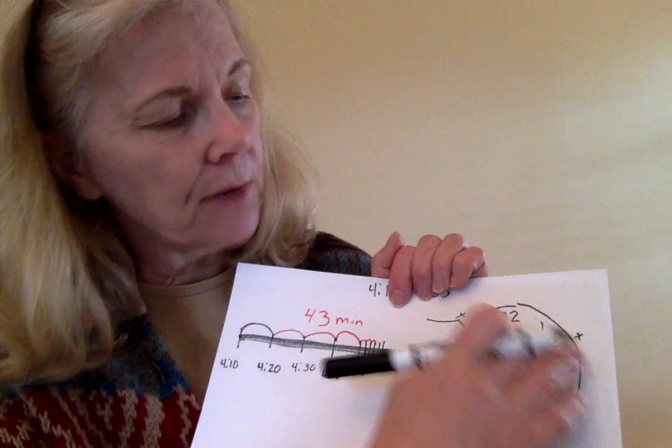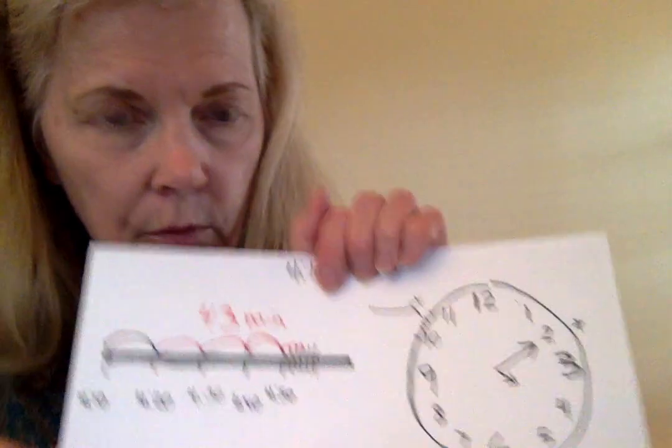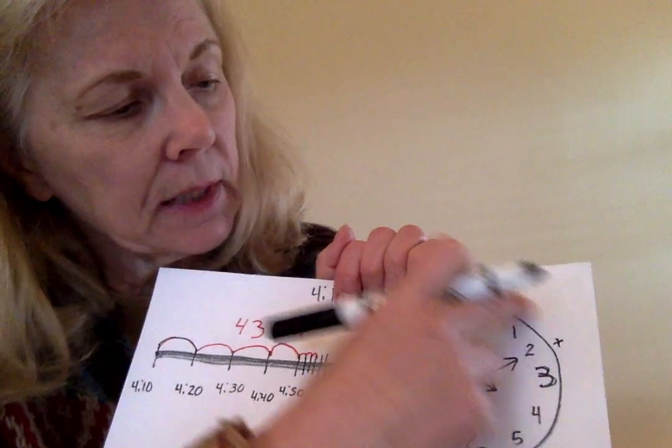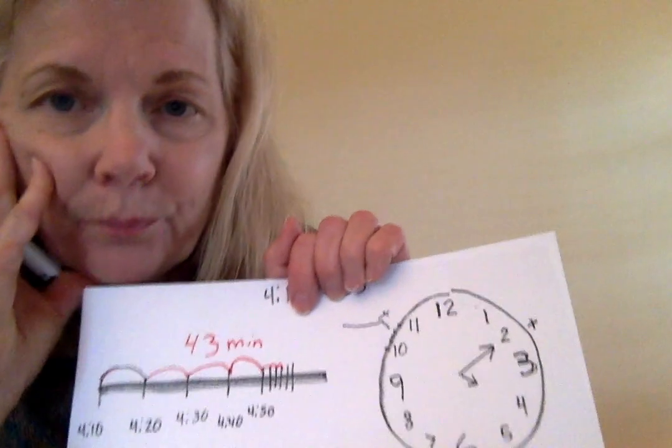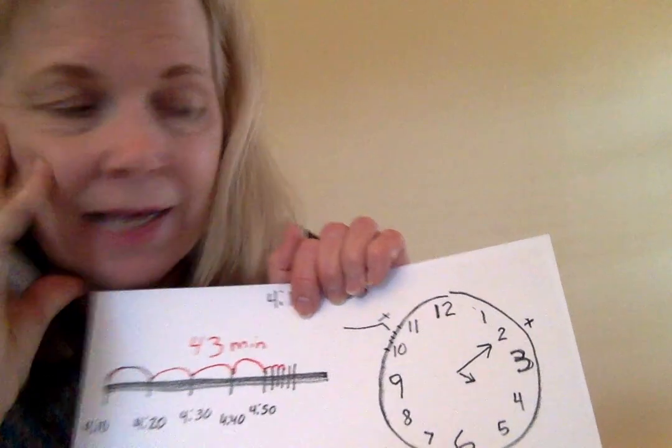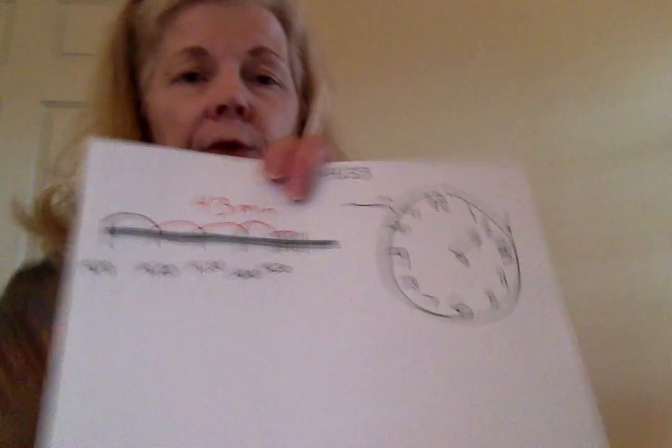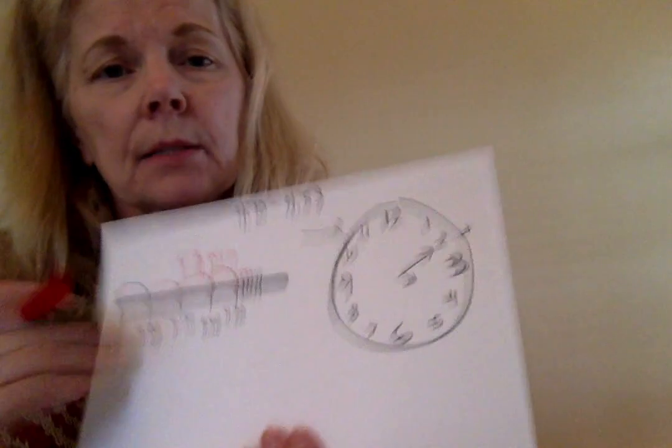Okay, so I found out where 4:53 is by starting at 12, but I'm going to start at 4:10. So now I'm going to count from here. And we're going to count by 5s because there's 5 minutes in between each number.